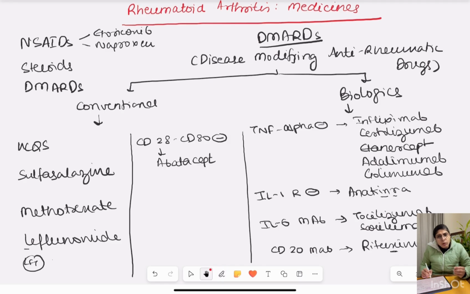Then we have these small molecules, JAK molecules, which are also involved in the pathogenesis of RA. When I talk about small molecule inhibitors, I am talking about JAK1, JAK3 inhibitors and other small molecule inhibitors. Among the other small molecule inhibitors, we have tofacitinib, and among JAK1, JAK3 inhibitors, we have baricitinib.